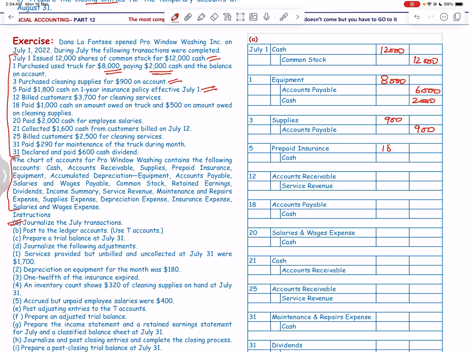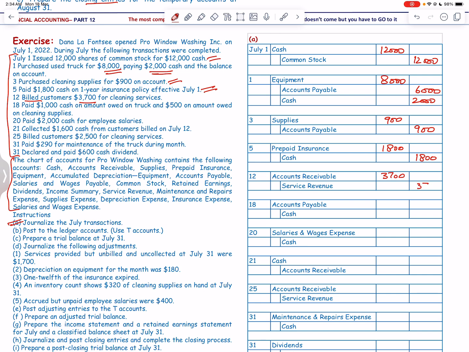Next we have billed a customer for 3,700. So accounts receivable is debited by 3,700, and service revenue is credited by 3,700.